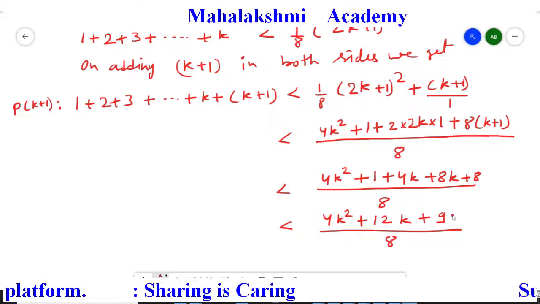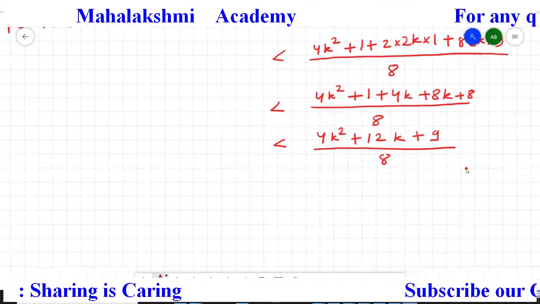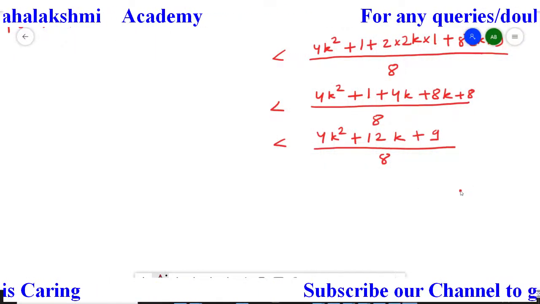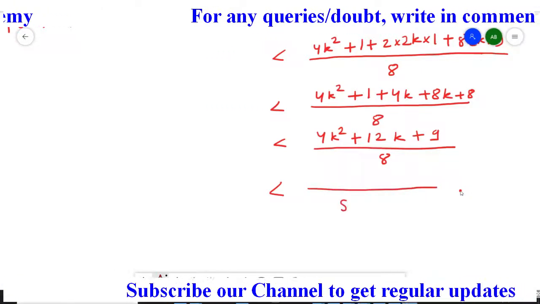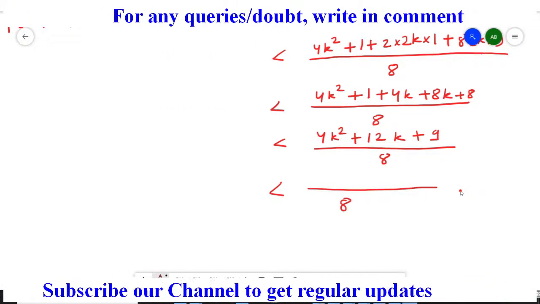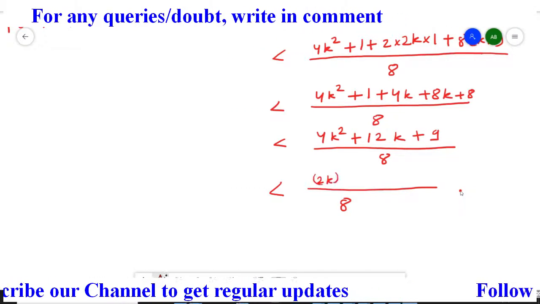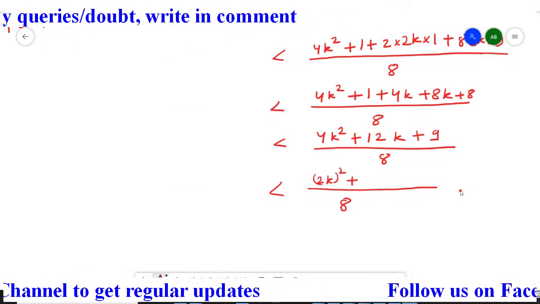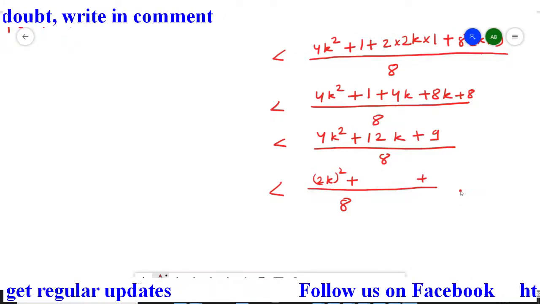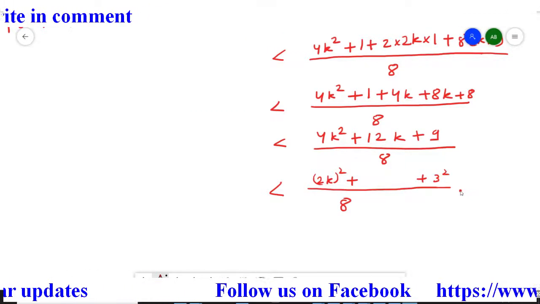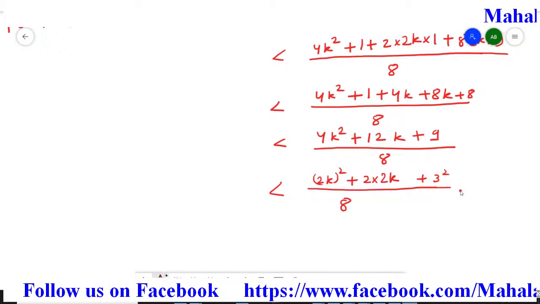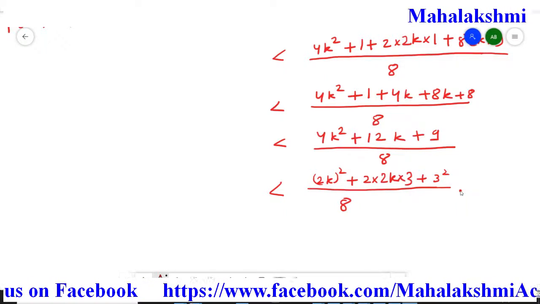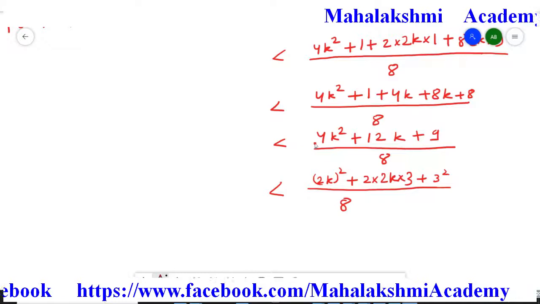Now this numerator we can write in the form of 2k square plus, first I am writing this 9 as 3 square, then it's going to be 2 multiplied by 2k then multiplied by 3. So just see what I have done here.